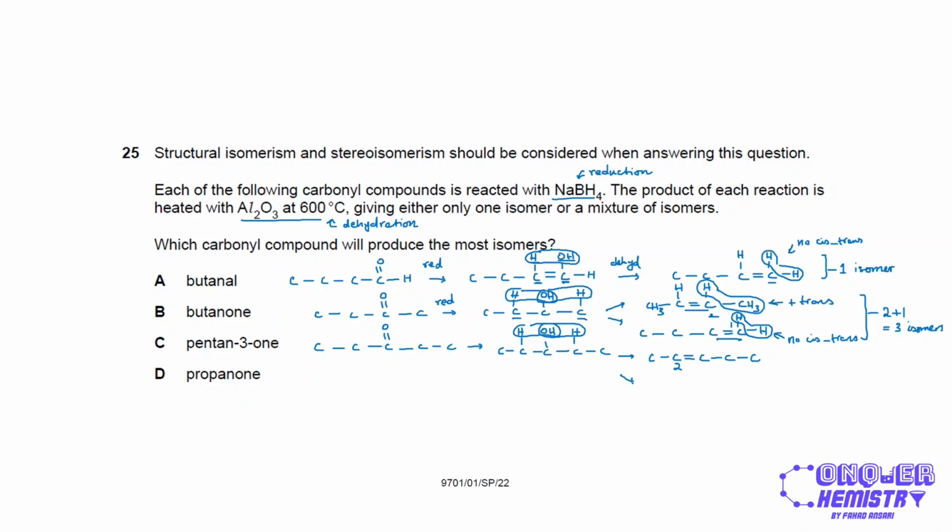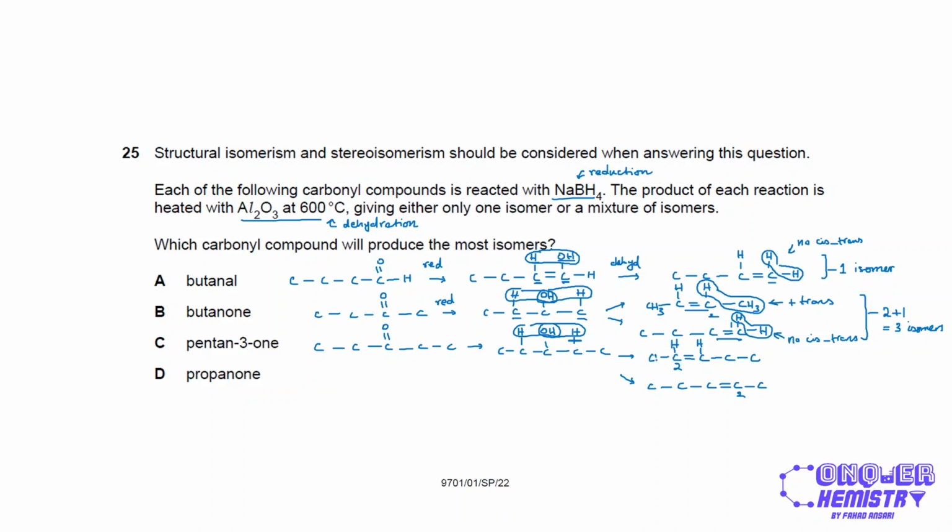Now, if you were to do the other product where this H is gotten rid of, you get C, C, C, and over here you'll have a double bond. Now, this is also at carbon atom number 2, so these are both the same as each other, right? And because these are the same, they will count as just 1 isomer, but in the double bond, you have both carbon atoms bonded to 2 different groups.